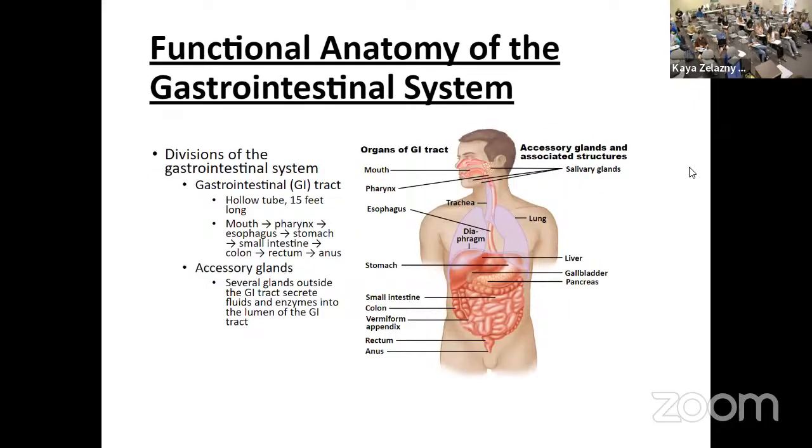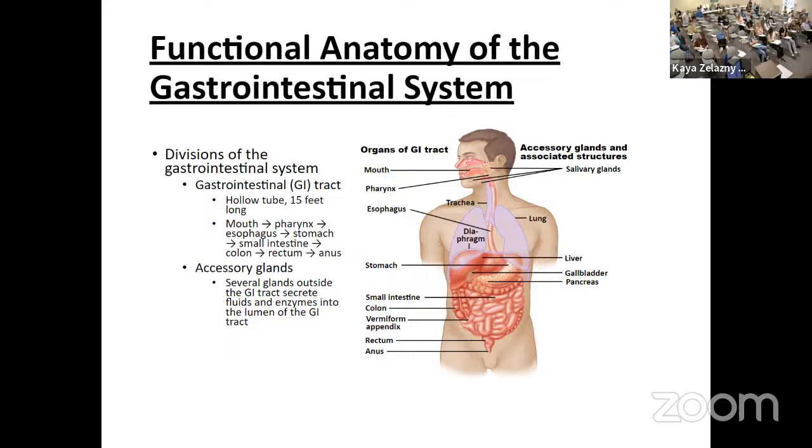Okay. So we're going to begin by thinking about just the divisions of the gastrointestinal system. So we're going to be thinking deeply about two different parts, sort of. So we're going to have the gastrointestinal or GI tract. Think like a track, like a pathway, right? So the GI tract are the hollow organs that your food is passing through, essentially.